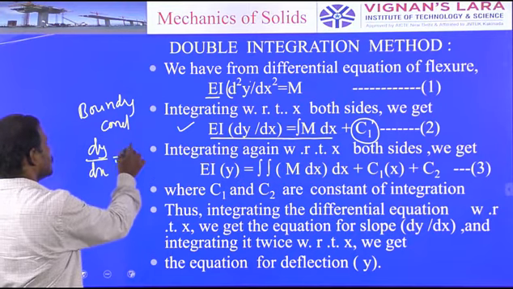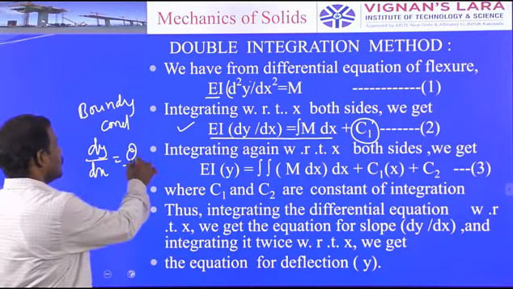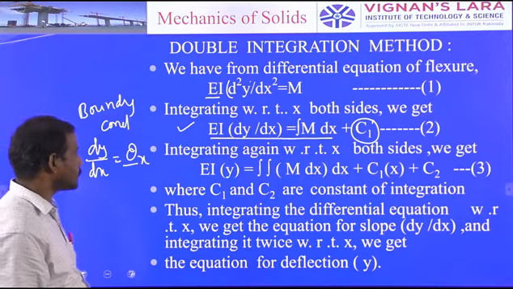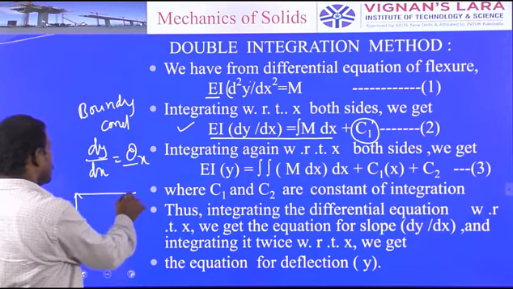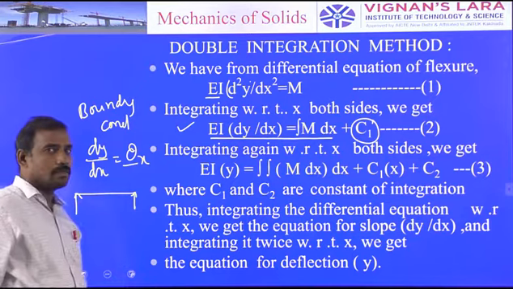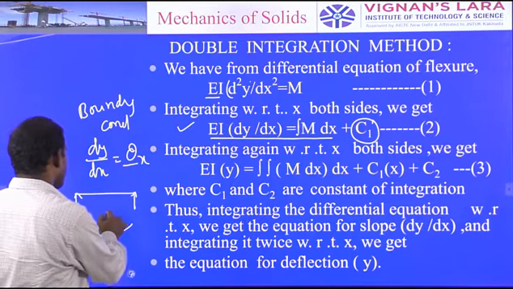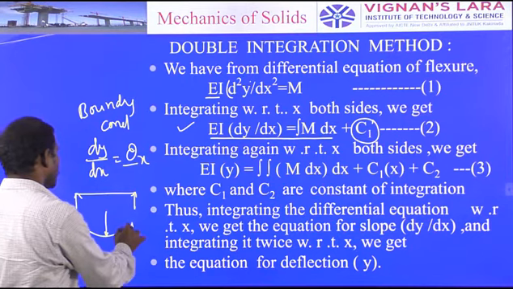That is the slope, which may be represented as theta at any position along the beam, let us say theta x. Suppose this is a simply supported beam. This is the position of the beam before applying the load. Whenever a load is applied at a particular position, say at midspan, this is the deflected curve.